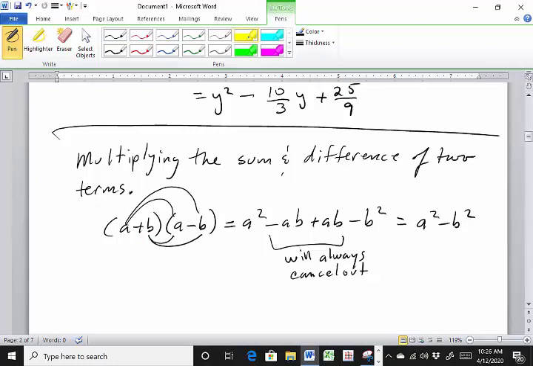The first term is squared, and the second term is squared, and then you just put a negative sign in between them, right there. It's a real easy pattern to remember.